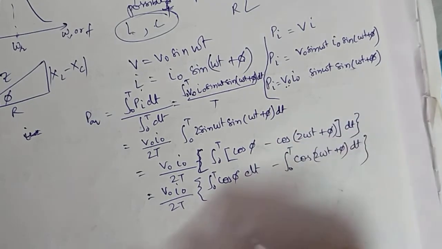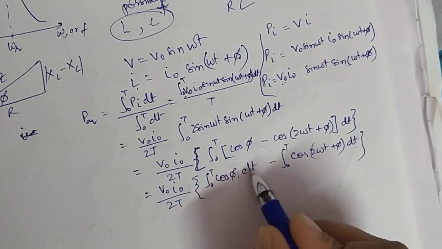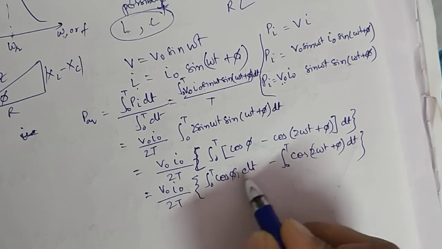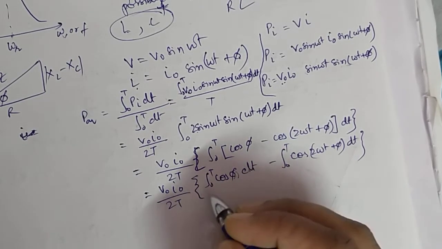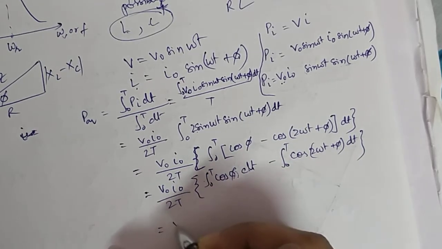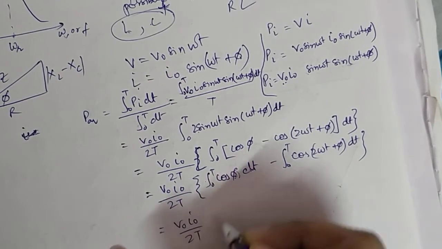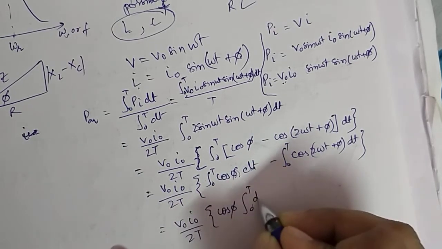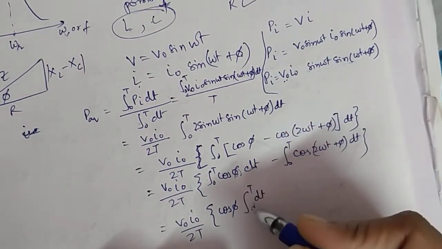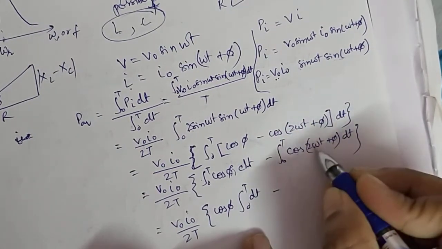Now see, cos phi is independent of time. Phi is the phase difference, which is independent of dt, so this is constant. So you can take it out of the integration, and what is left is V0 I0 by 2T, cos phi comes out, and the integration from 0 to T of dt, which is capital T. When you solve this, it will be capital T, minus the integral of cos 2 omega t plus phi dt.